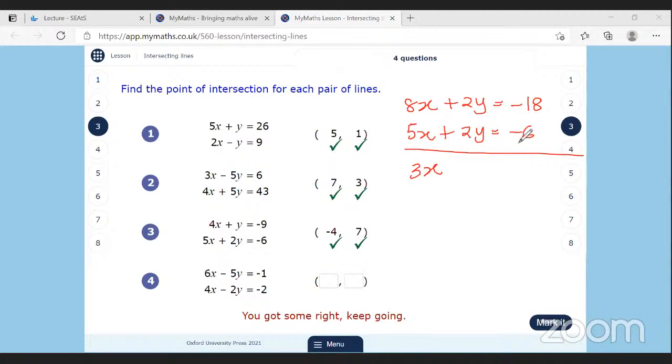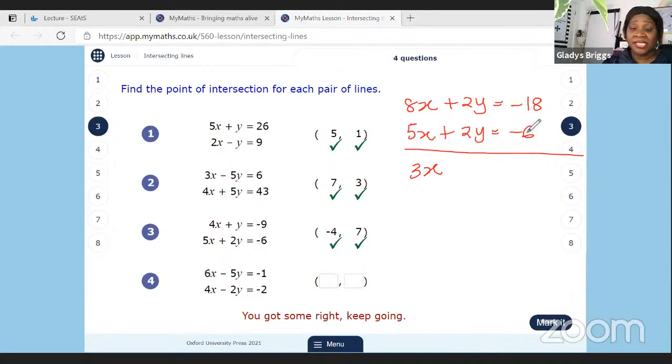And -18 minus -6 is equal to -18 plus 6, which is equal to -12. If we divide both sides by 3, we're going to have x equal to -4.